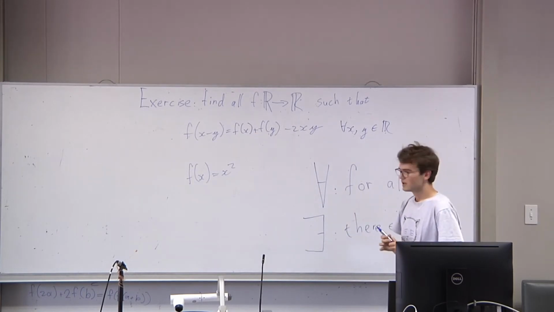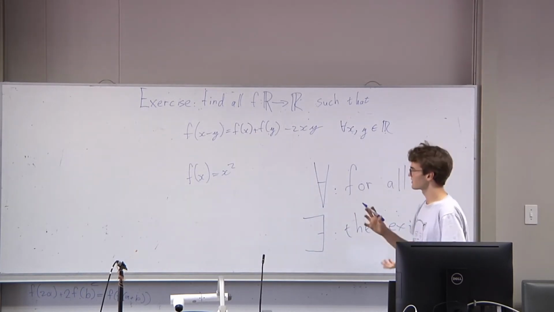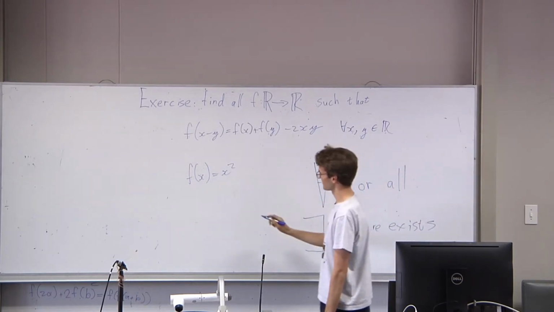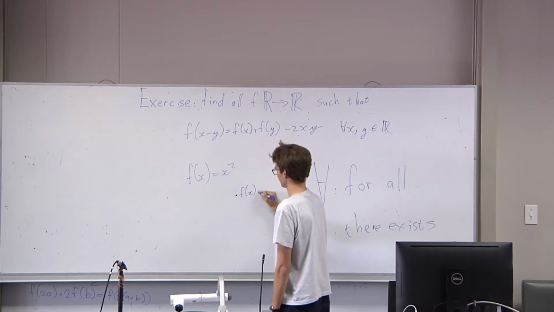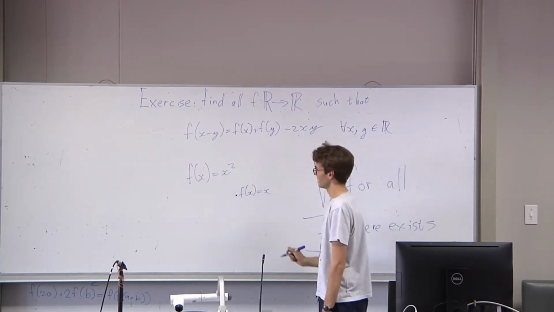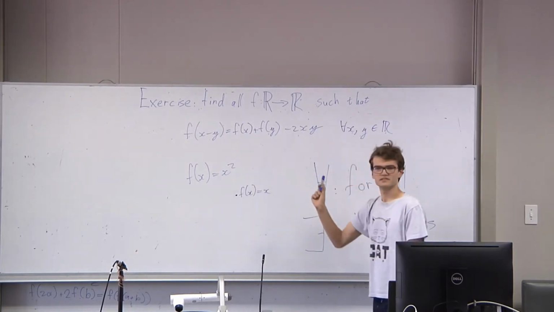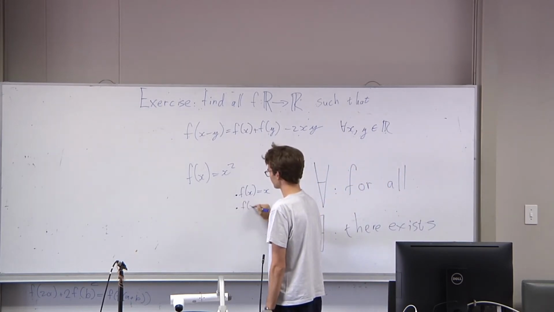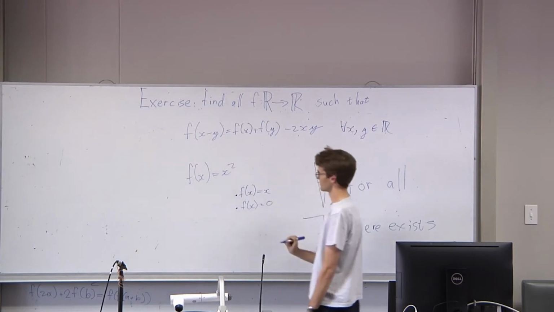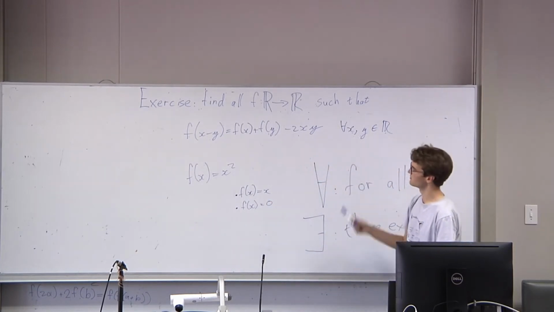So a rule of thumb for functions that you can try is stuff like: check does f of x equal x work. In this case, no, it does not. You can try does f of x equal 0 work. No, it does not.